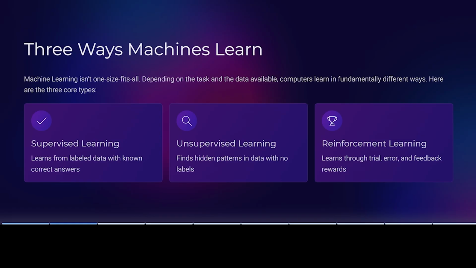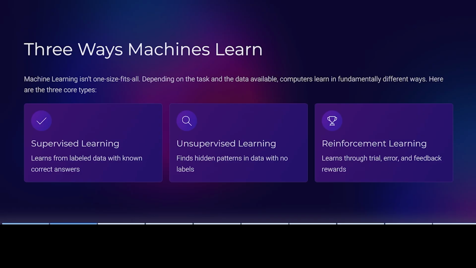For example, a student studying with an answer sheet is similar to supervised learning. Listen carefully so that you can easily understand these 3 types. The first type is supervised learning, which is like a student studying with an answer sheet.